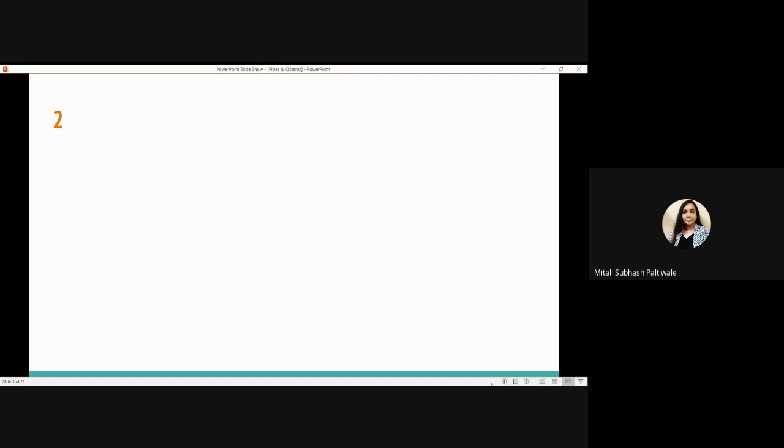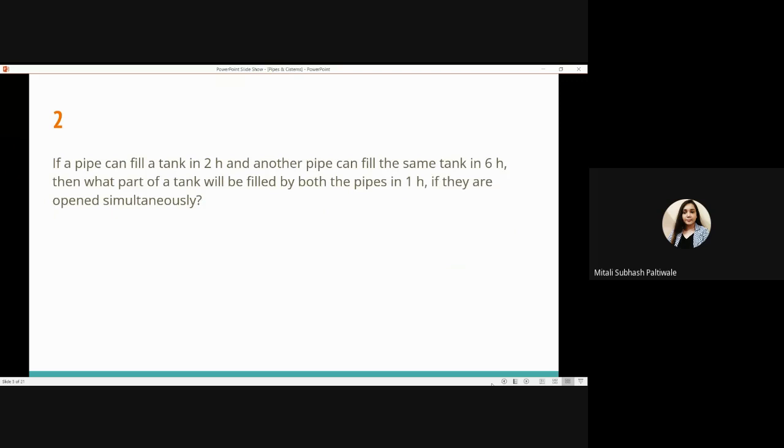Okay, now another question comes up, and it says, if a pipe can fill a tank in 2 hours and another pipe can fill the same tank in 6 hours, then what part of a tank will be filled by both pipes in 1 hour if they are opened simultaneously? So in 1 hour, suppose the part filled by the first pipe would be 1 by m.